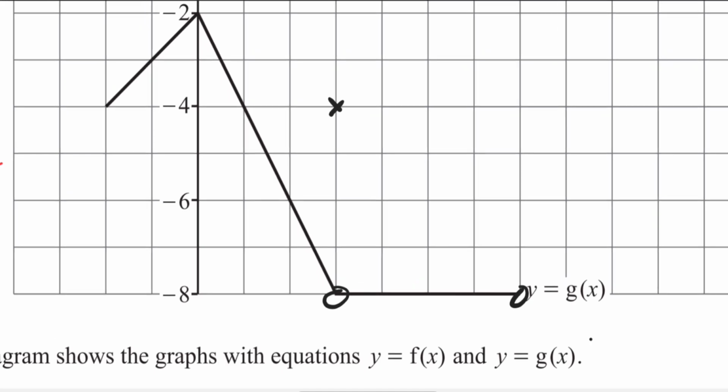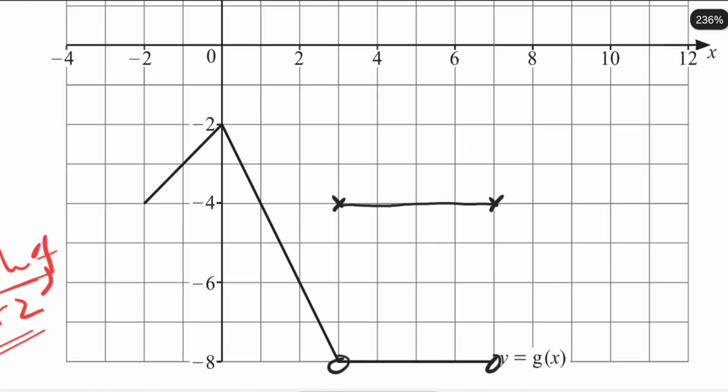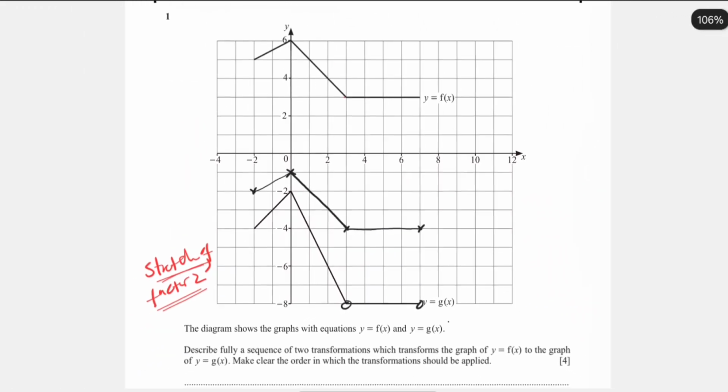Since there's a stretch of factor 2, we're just dividing the y coordinates of the resulting graph by 2. This -2 was at -1, -4 right here would have been at -2, like that. And if we join these, we can see that it looks exactly like f of x, right?